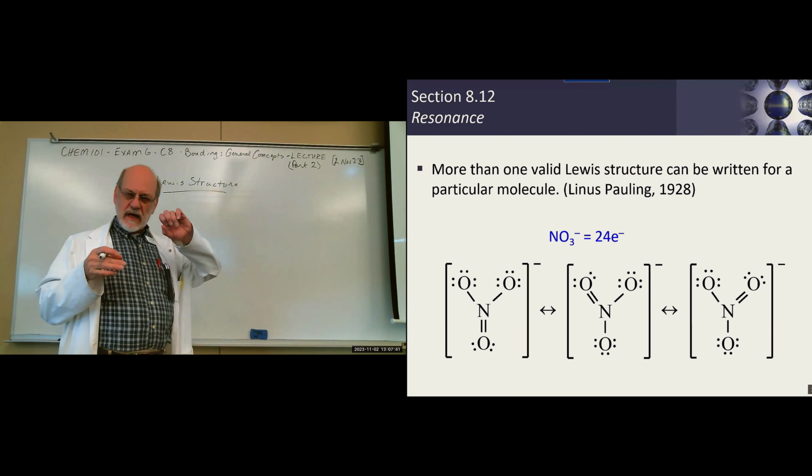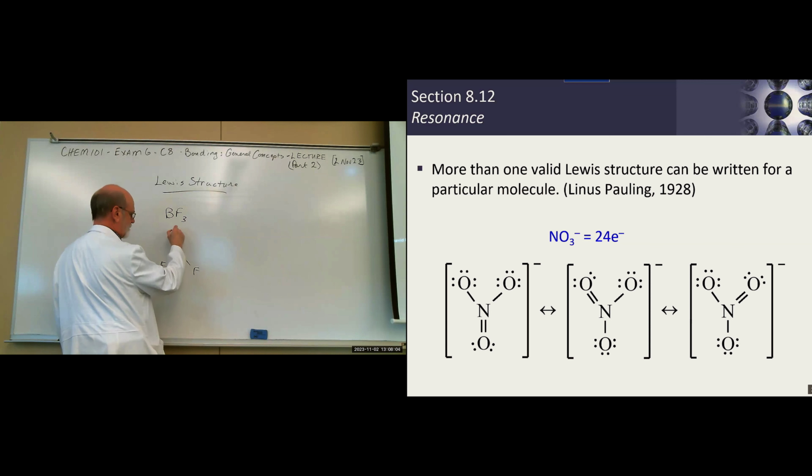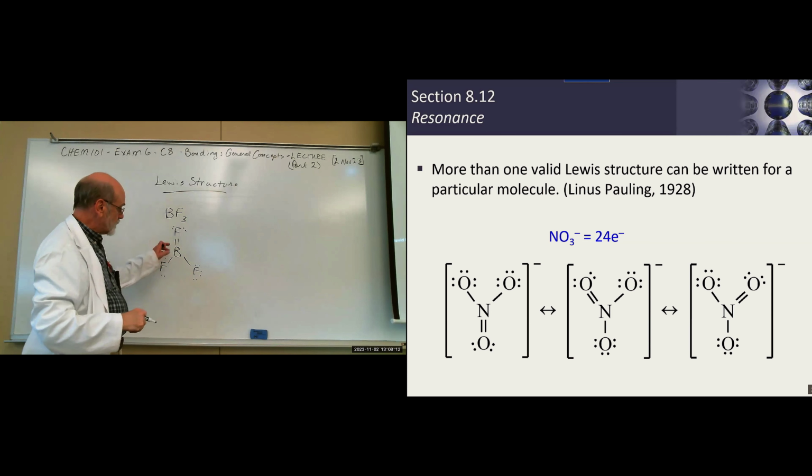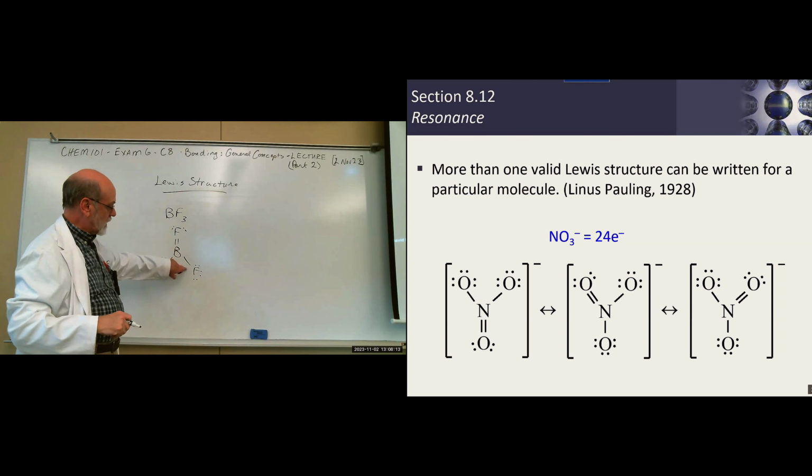But in this case, actually, I did show you one. Right? That one. That's one possibility for a Lewis dot structure. If we move that double bond around to this one, then that's a different Lewis dot structure. Or if we put it on this one, it's a different one.